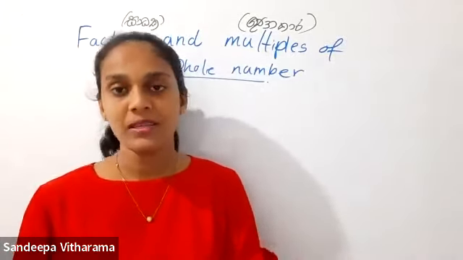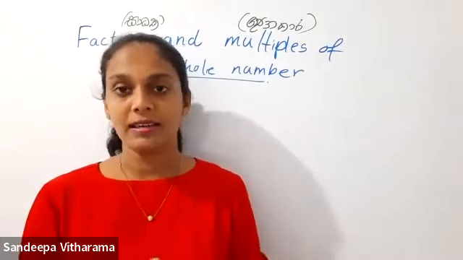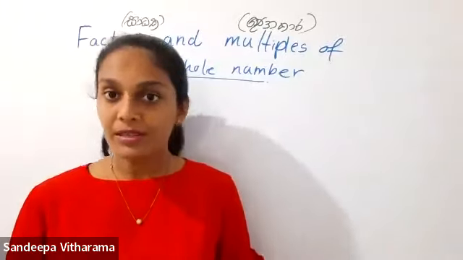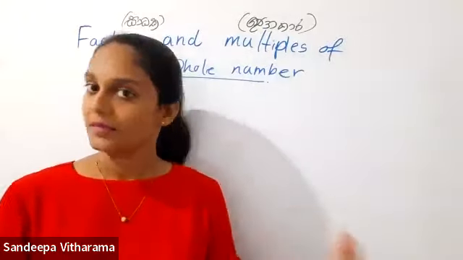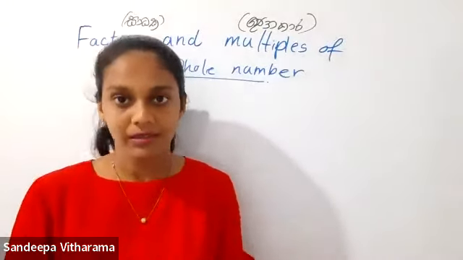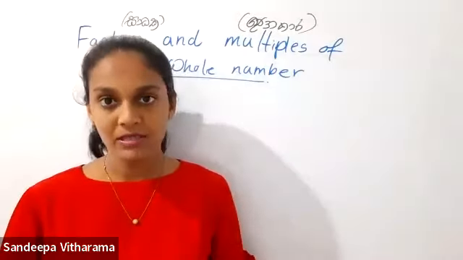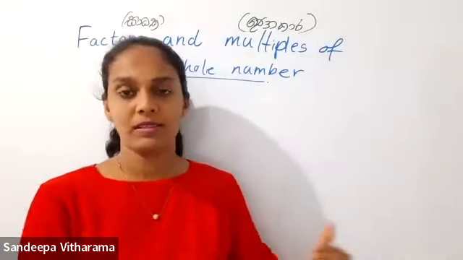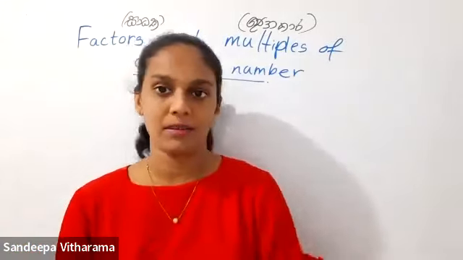Muffins, okay? So I can say a sentence: factory produce muffins. So how do we remember factors and multiples from this?